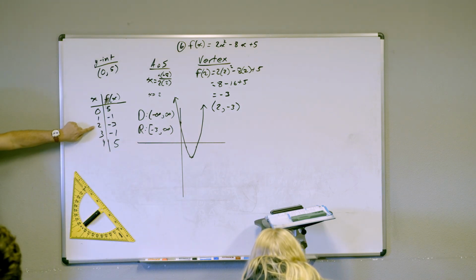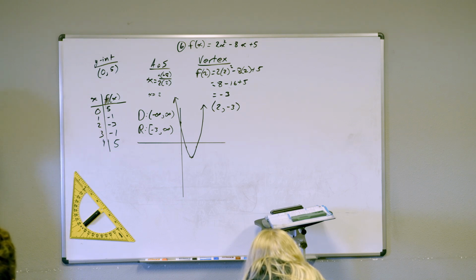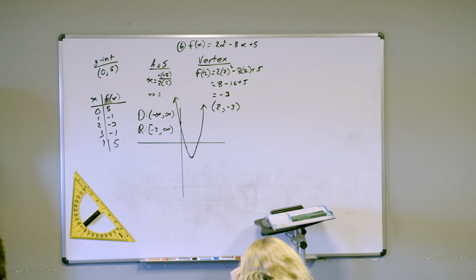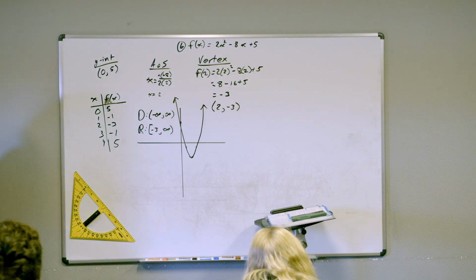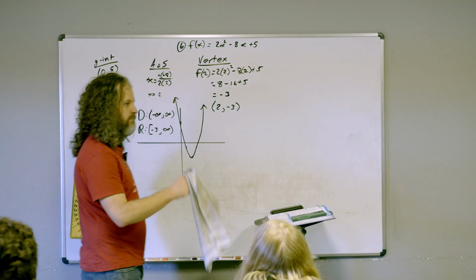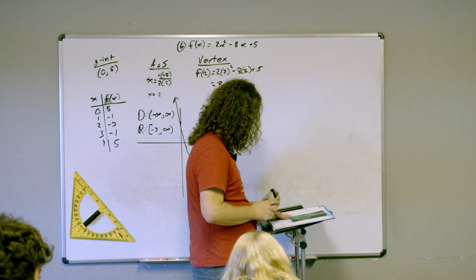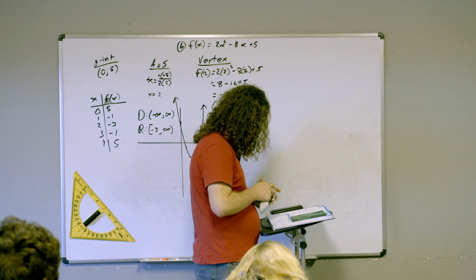You want to put the vertex in the middle of your table and then go on both sides of the vertex. So yes, but we picked them on purpose. I mean, we could have used any points. This is 26.